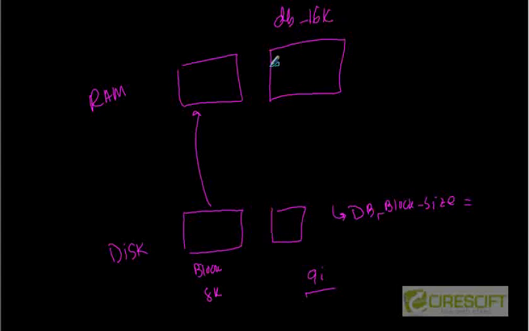Then I will have another memory, exactly similar to your DB buffer cache, but the individual blocks inside it will be 16K, and the area name is called DB 16K buffer size. So this is how the database buffer is managed, and this is the most important tuning parameter that you need to understand to make sure that your database runs in a performing way.